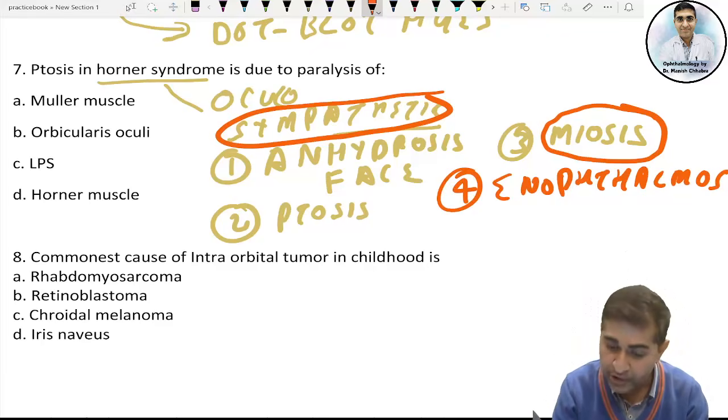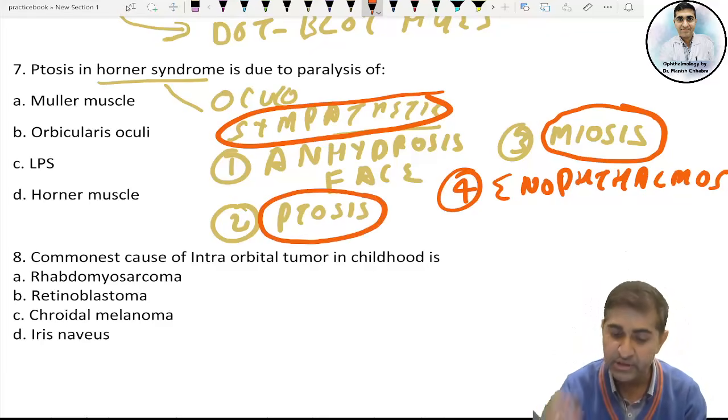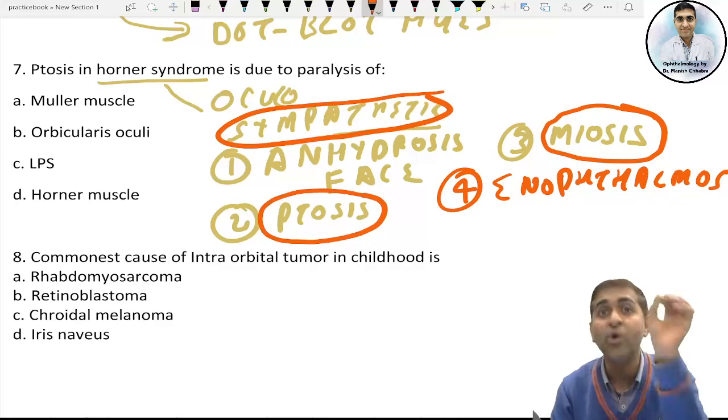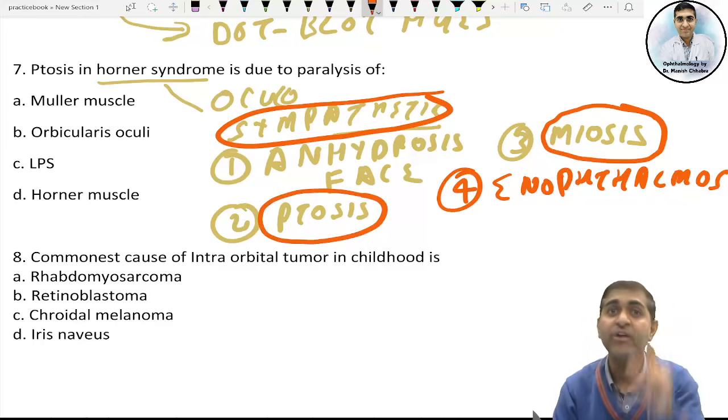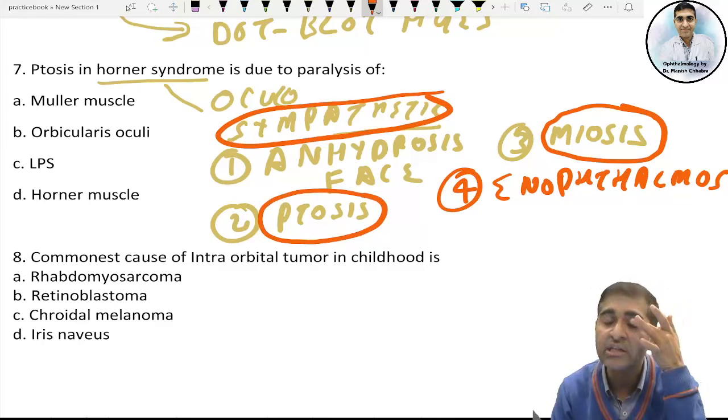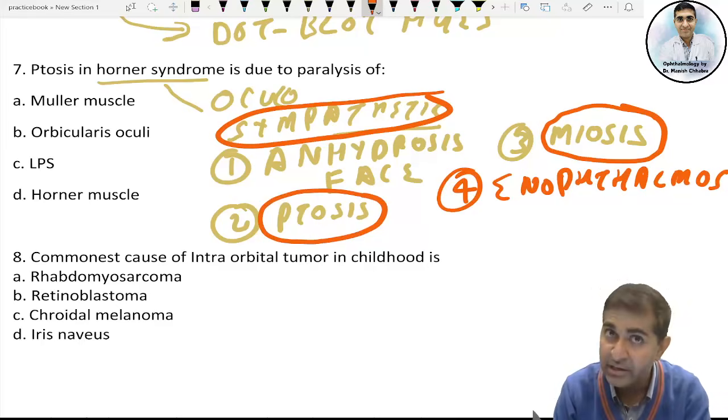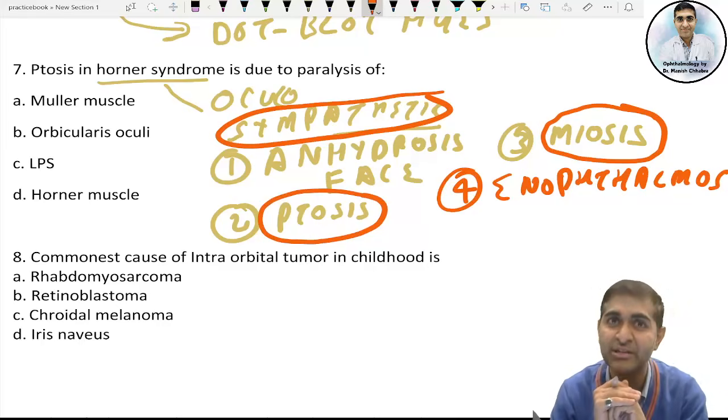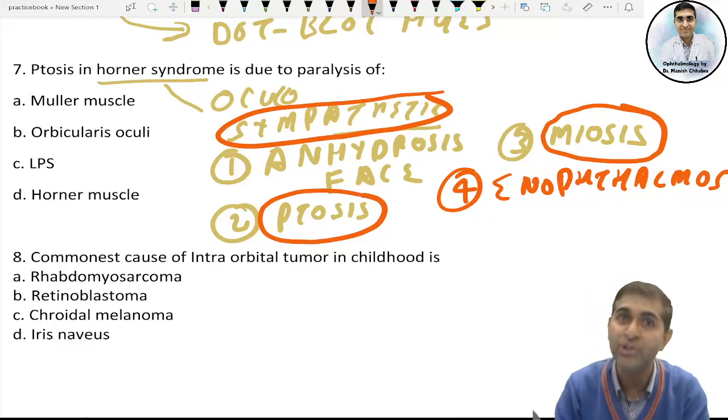Now, there is also paralysis of one muscle in the upper eyelid. You will say, sir, we know that muscle. Okay, then tell me, what is the name of that muscle? No, that is not the muscle you are thinking. You are thinking of levator palpebrae superioris.